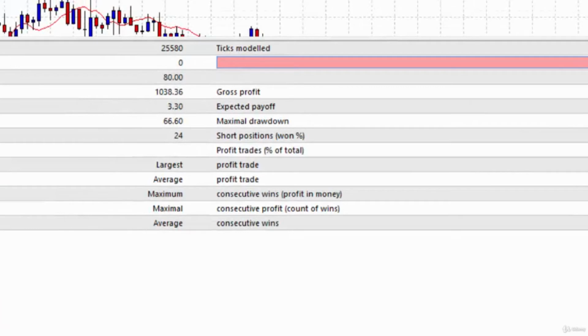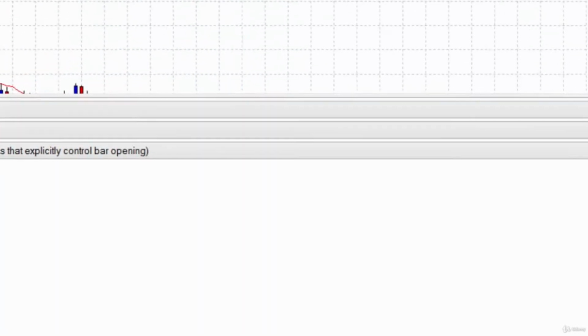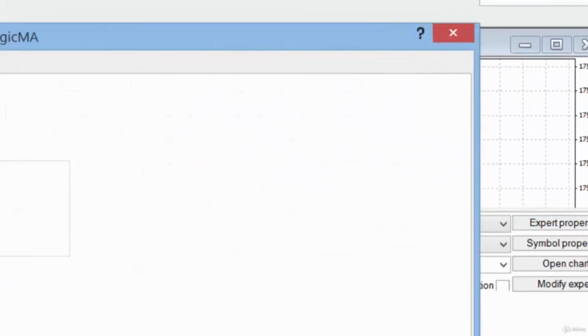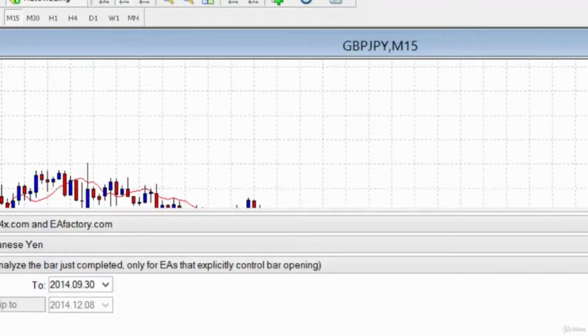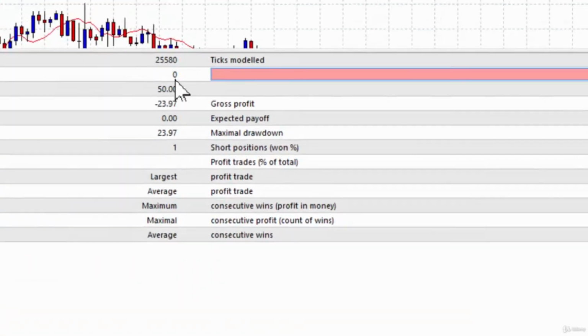Still no margin call. Let's go 50. My goodness. I don't think I've actually come across one as efficient as this. All right, there's the first time we actually got a margin call, at 50.